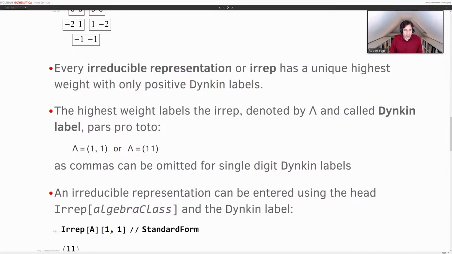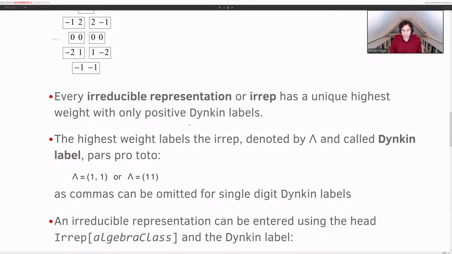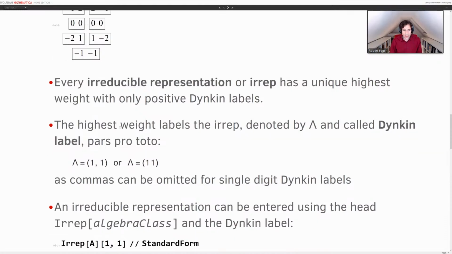So every irreducible representation, which I will from now on call irrep for short, has a unique highest weight, which has only positive Dynkin labels. So we had positive Dynkin labels for the dominant weight, and it has something to do with that. So the highest weight labels the irrep in total, and usually this is denoted by this capital Lambda here.